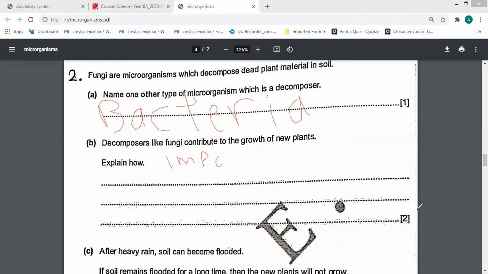Importance of decomposers. Number one, get rid of dead bodies.